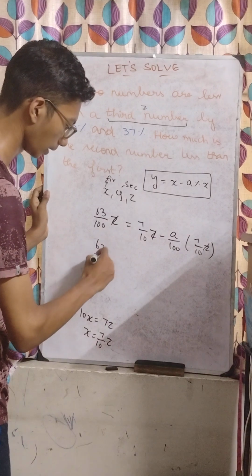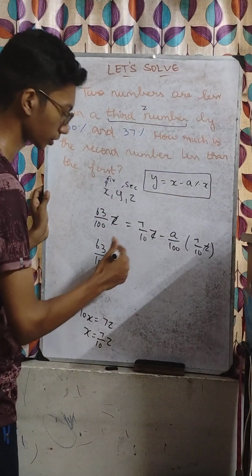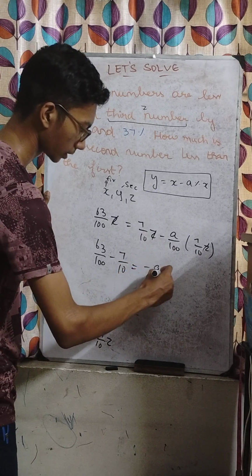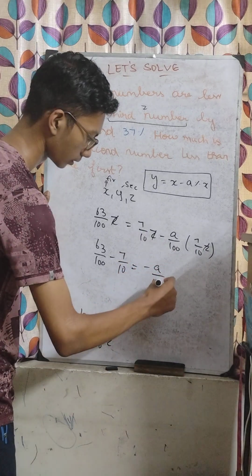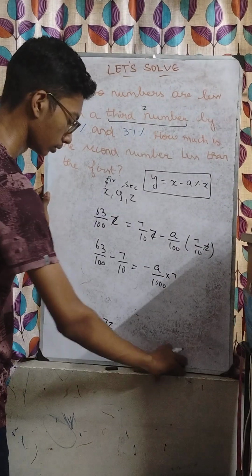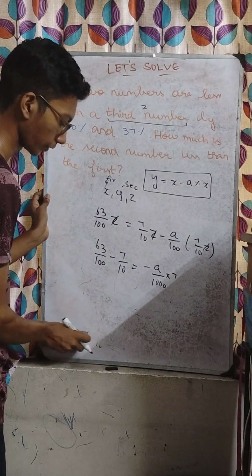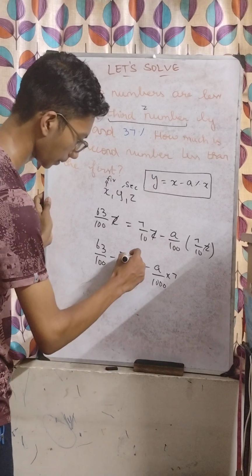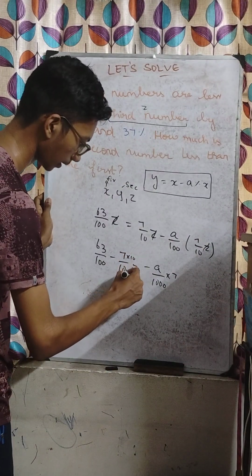So 63 by 100. Since this is a constant term, we can get it to this side, minus a by 1000 times 7. If we find the value of a, that's the answer for this question. We can multiply this by 10 and divide by 10.